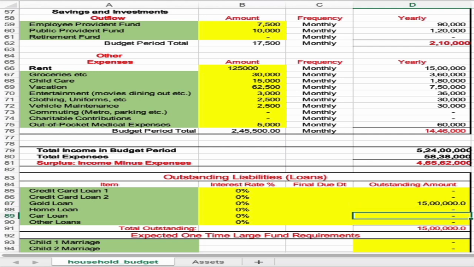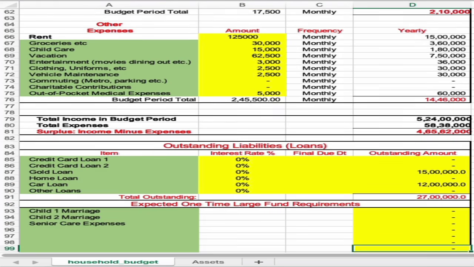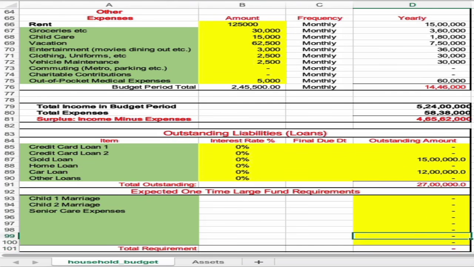Car loan is outstanding, let's say 12 lakhs. Alright, and go down. Now you want to plan for your child's marriage. Okay, it may be 20 years from now, 15 years from now. So you enter here, let's say 1 crore 50 lakhs.